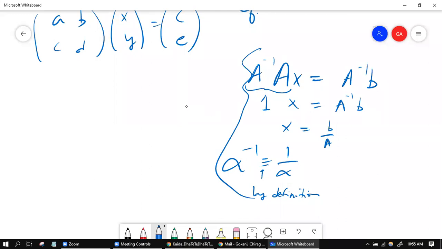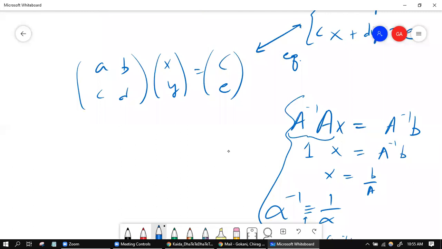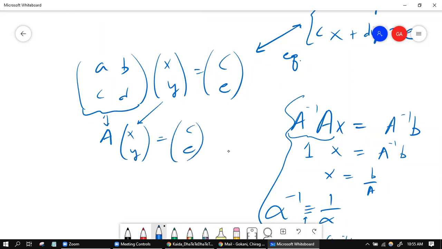In the matrix algebra case, we can call this thing A, and I'll just keep this in this form: A times XY is CE. I've just defined this matrix to be A. I haven't developed the inverse yet, and I haven't told you what the inverse is, but if there is a thing that is analogous to 1 over A, let's call it A to the negative 1, or A inverse.